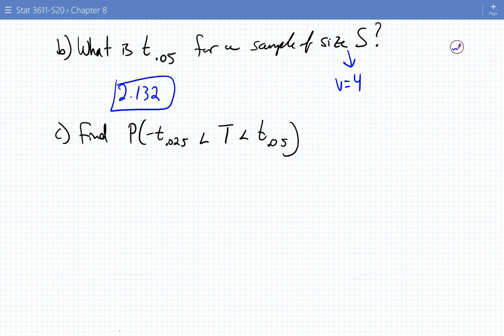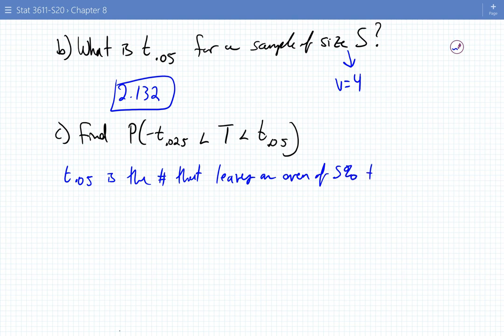Okay, you might be looking at this and saying, well, I can't look these values up. I don't have degrees of freedom. Well, think about what this means. T of 0.05 is the t-statistic number that you would get that leaves an area of 5% to the right.